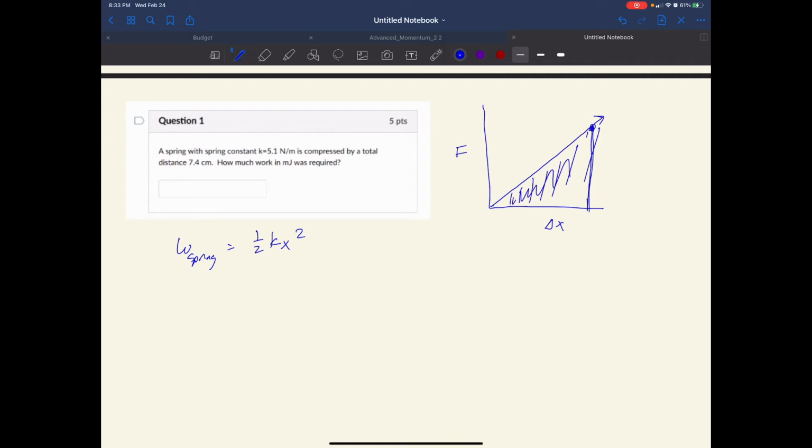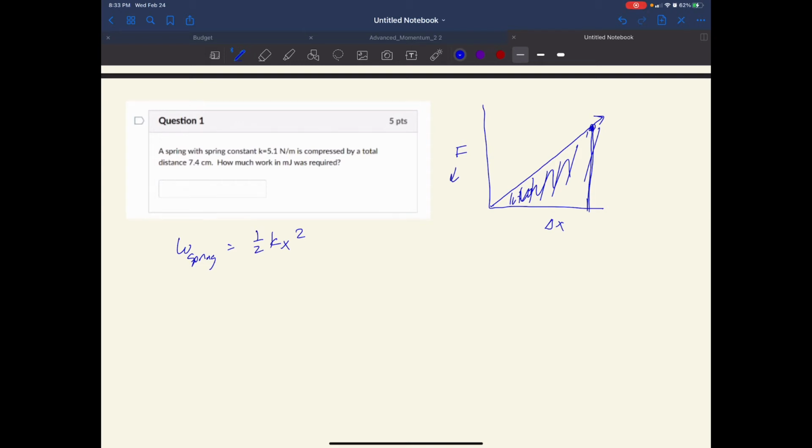And long story short, the area under this curve is the 1/2 kx squared. Okay, let's just leave it like that. I'm not sure if you needed to know that or if you're just given the formula, but that's where this formula comes from. If you're already given the formula, then just don't worry about it.